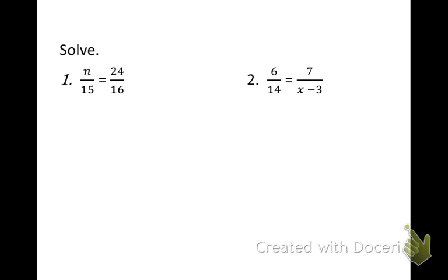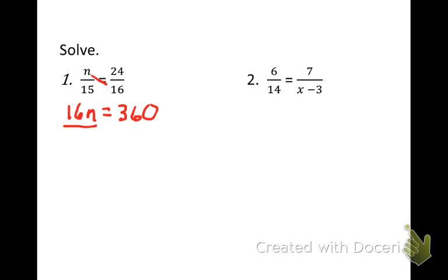So you will be using your calculator to do a lot of the arithmetic now, but you still need to write the steps. So the cross products would be multiply these two together, 16n equals, take your calculator and multiply 24 times 15. If you do that, you're going to get 360. Now we worked on solving equations, so we can use it to solve this type of problem. What would be the opposite of multiply by 16?